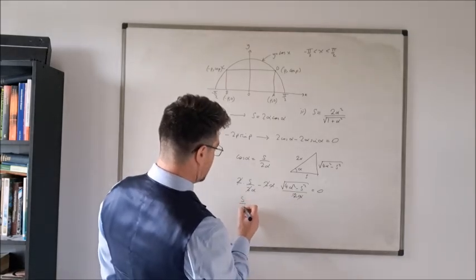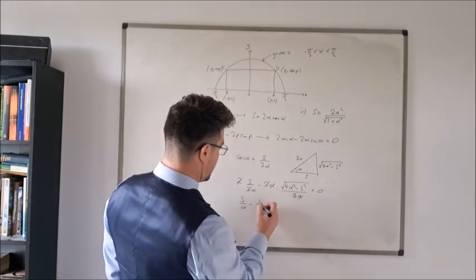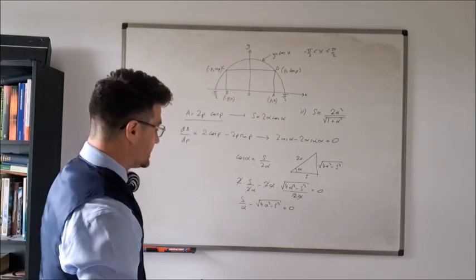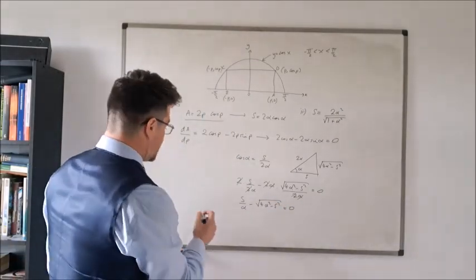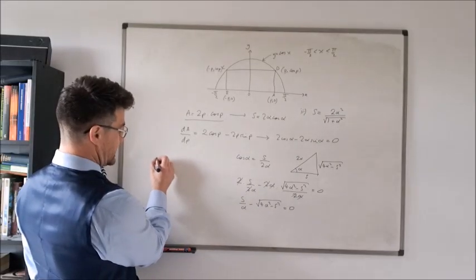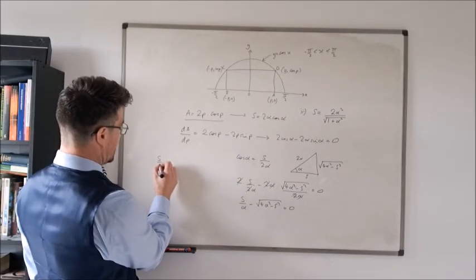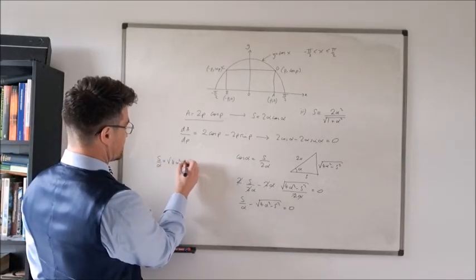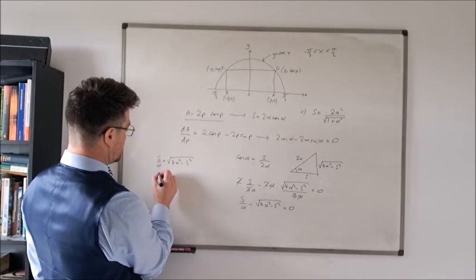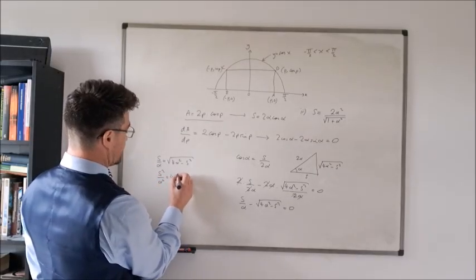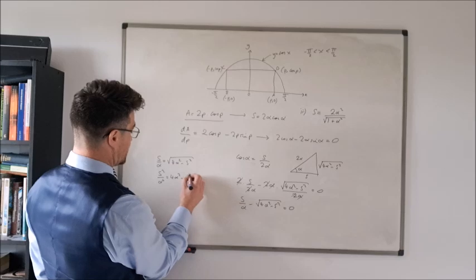Nice. S over alpha minus the square root of 4 alpha squared minus s squared equals 0. And then it's just going to be a rearrangement of this thing. So could have organized things a little bit better, I guess. But we get s over alpha equals the square root of 4 alpha squared minus s squared. So square both sides, s squared over alpha squared equals 4 alpha squared minus s squared.